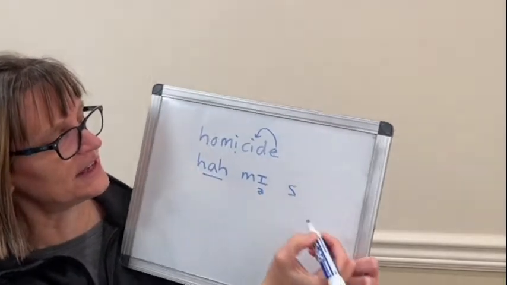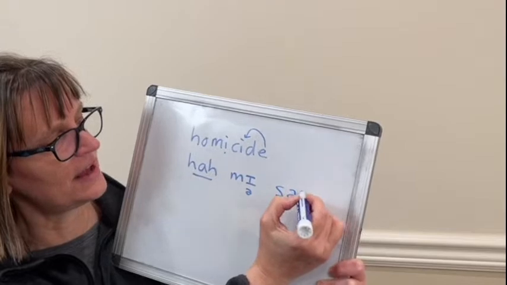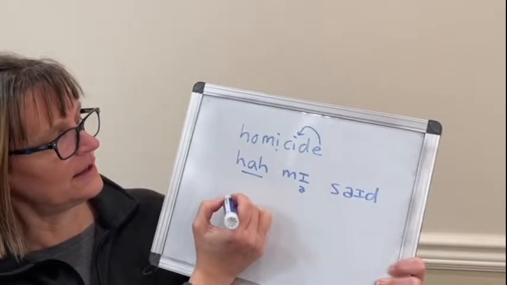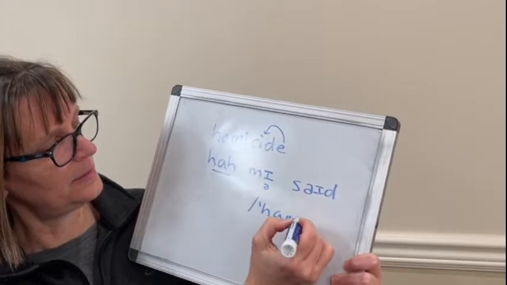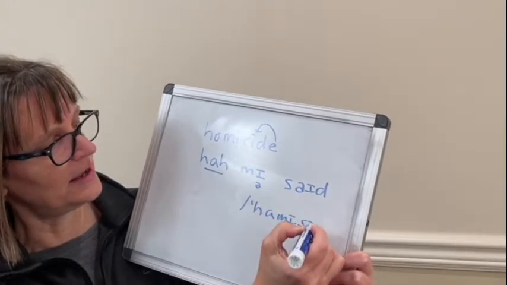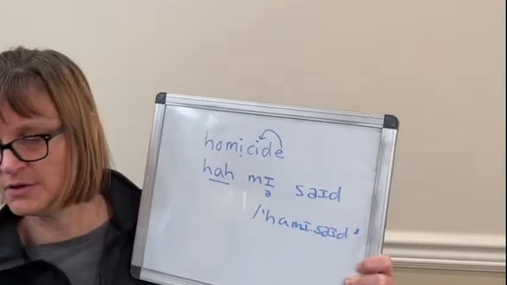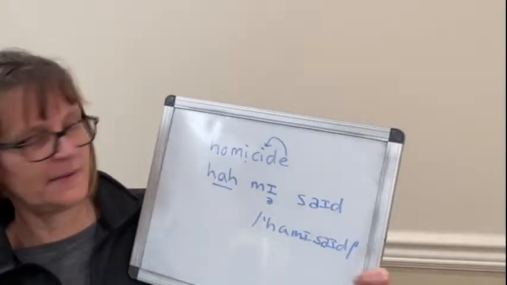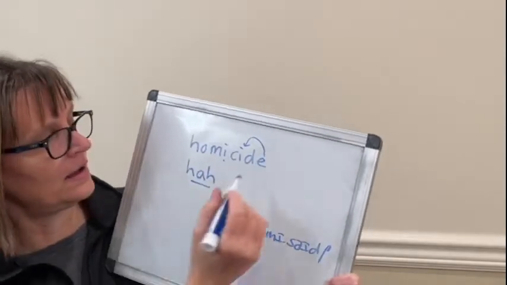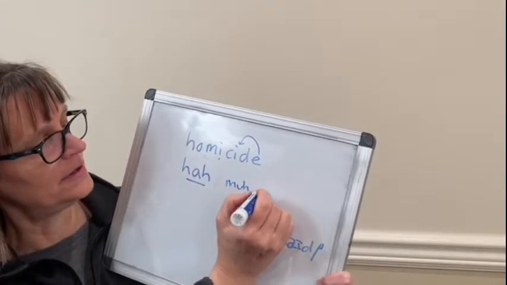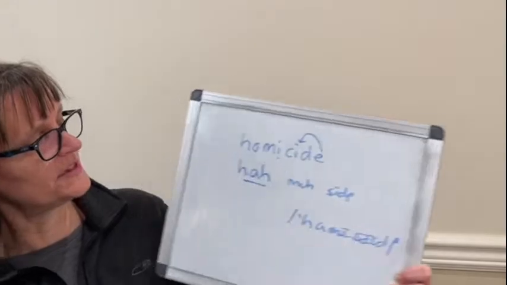So the letter C says the sound. Side. I did a mix here. So it's homicide, and in the IPA. And for how to think about it, think about homicide. Homicide.